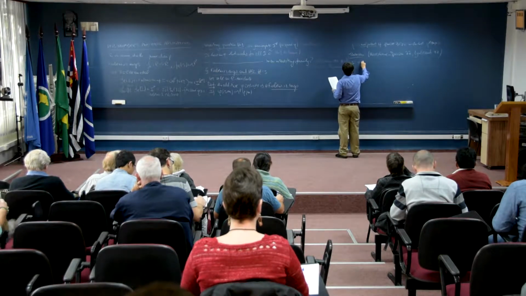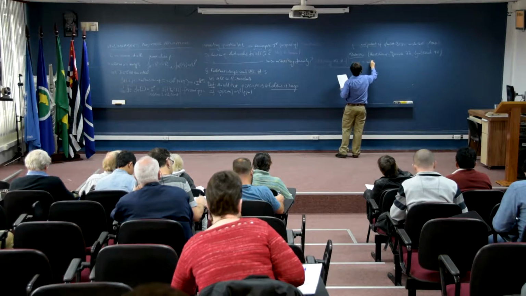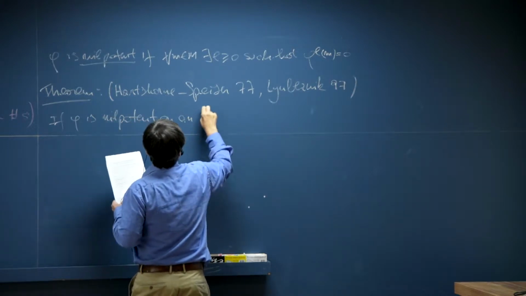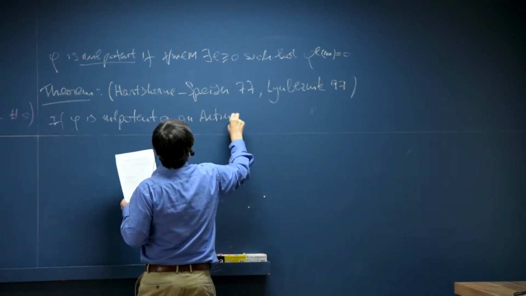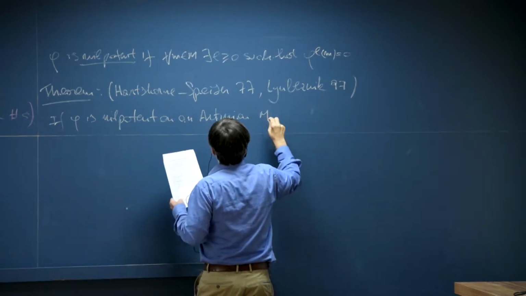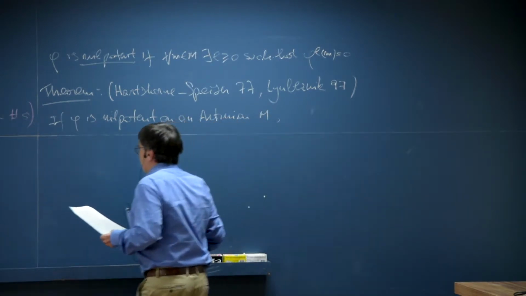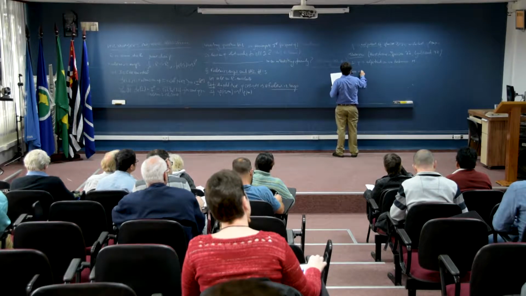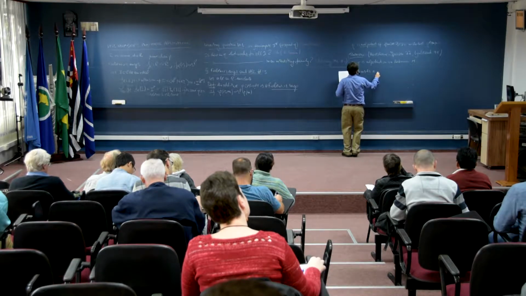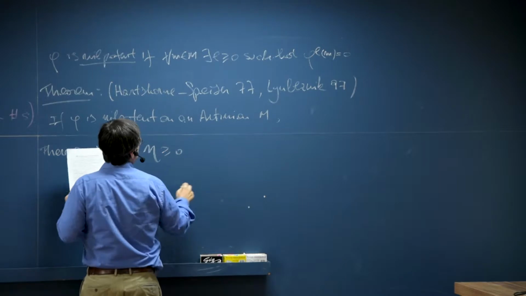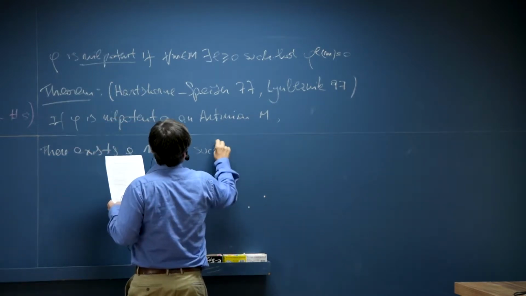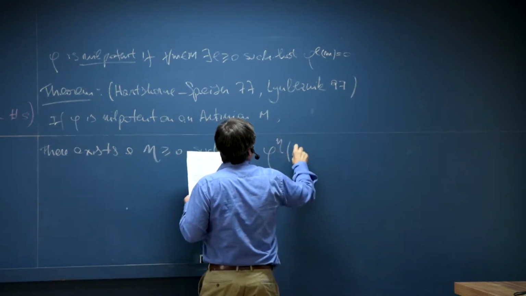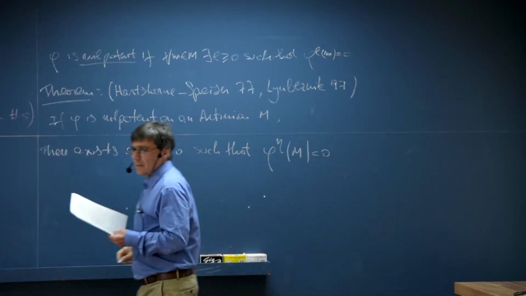If phi is nilpotent on an Artinian R module M, there exists an eta greater or equal to 0 such that phi^eta of M is 0. So what's going on here?